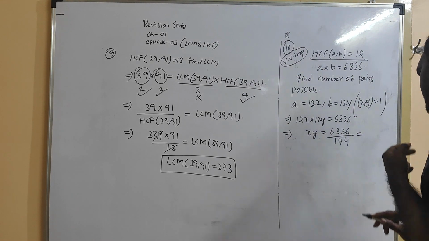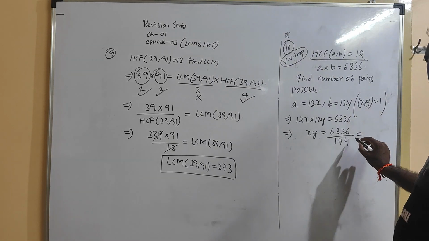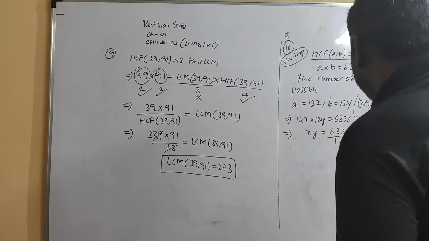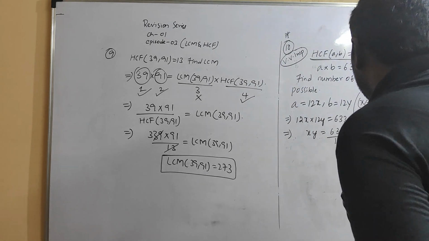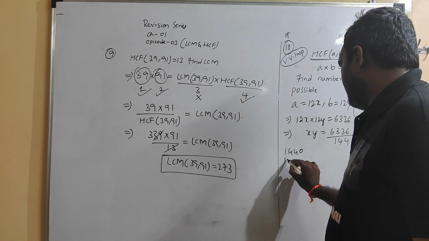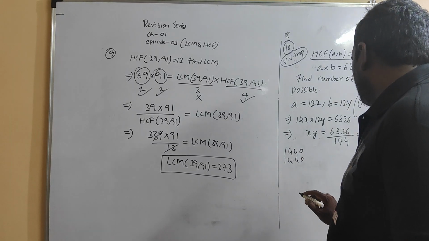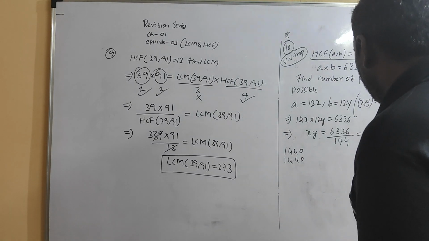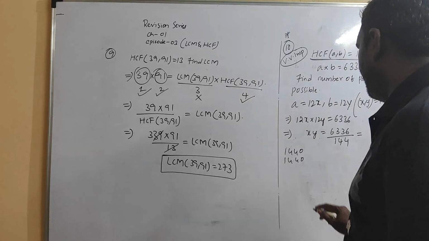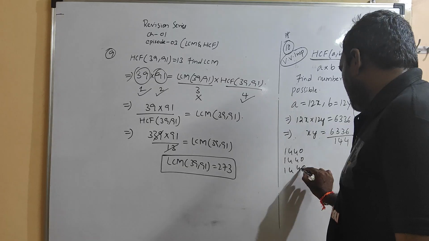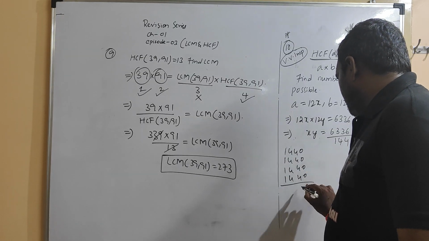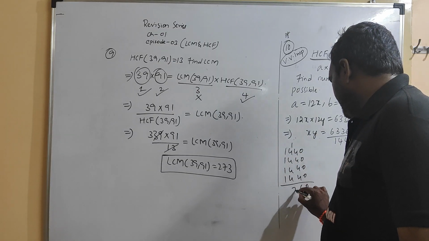144 tens is 1440. Again 1440 is 20. That means you will be getting 4 times. What will you get? 0, 16, 1, 17, 1.